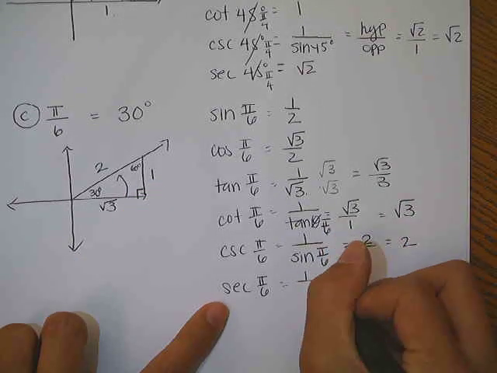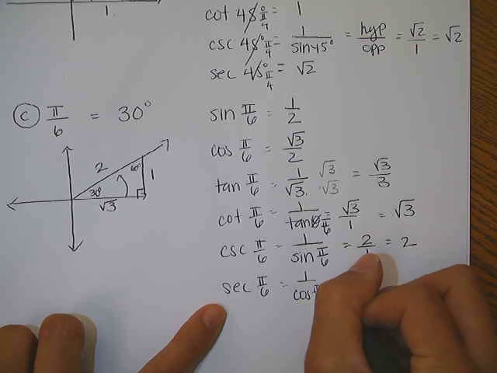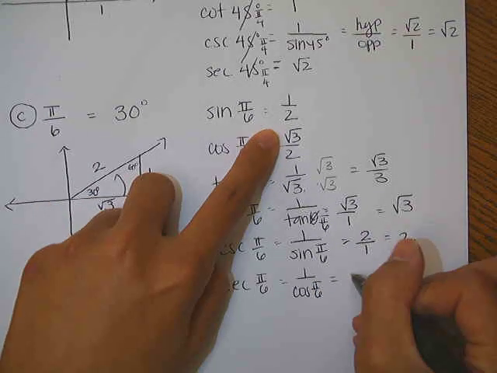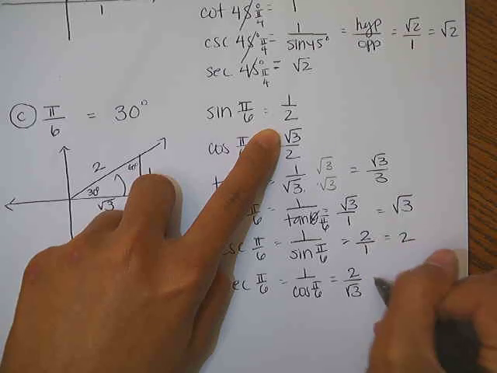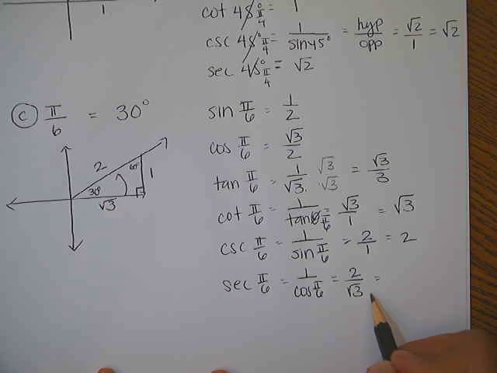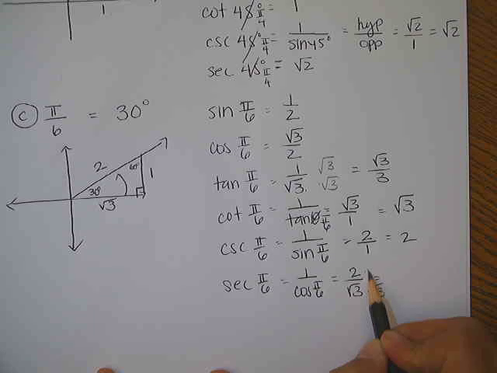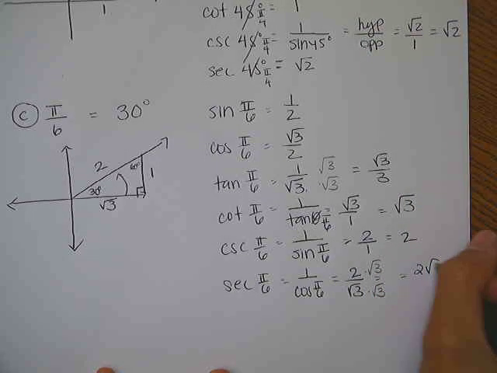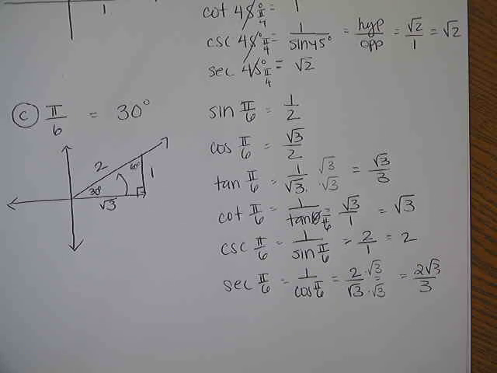Secant is going to be 1 over cosine of pi over 6, which is 2 over rad 3, which after you rationalize, which I'm going to do right now, I'm going to end up with 2 rad 3 all over 3. So those are my 6 trigonometric functions for these awesome angles.